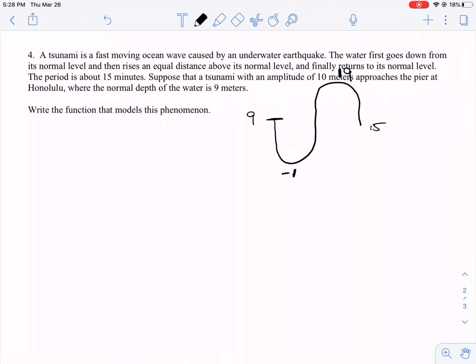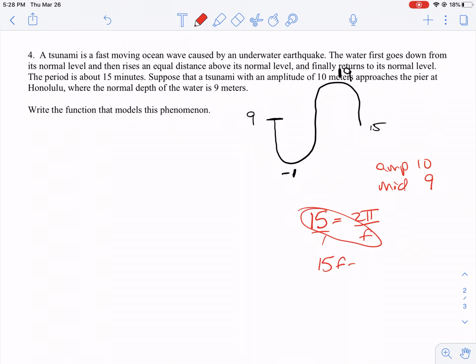Now obviously that's a sine curve because it's got the trough and the hill. Alright, so amplitude was 10, they gave us that. Midline is going to be the normal depth of the water, which is 9. I just need a frequency. So the period, it said, takes 15 minutes, equals 2 pi divided by frequency.